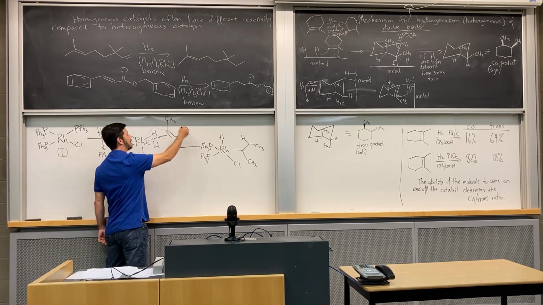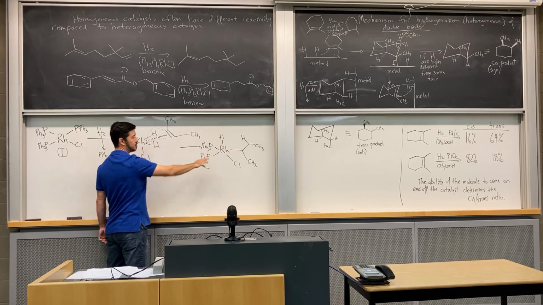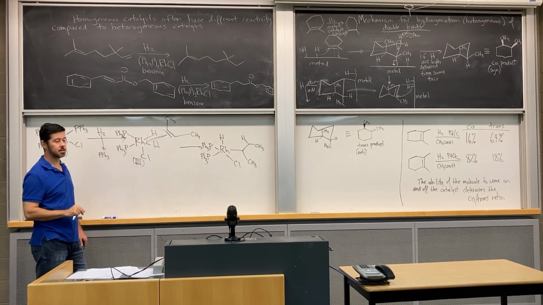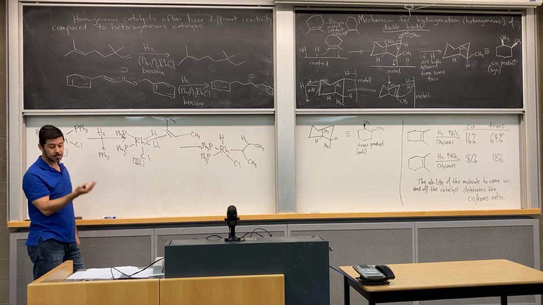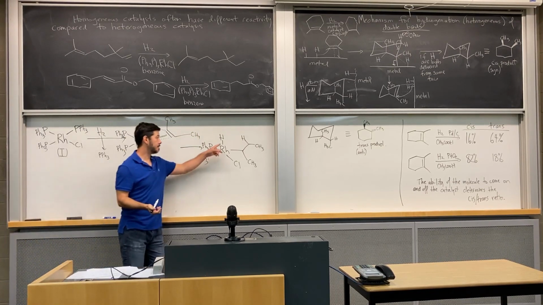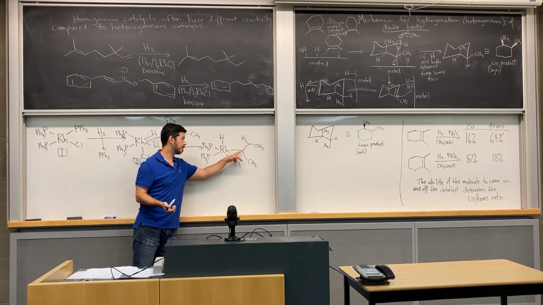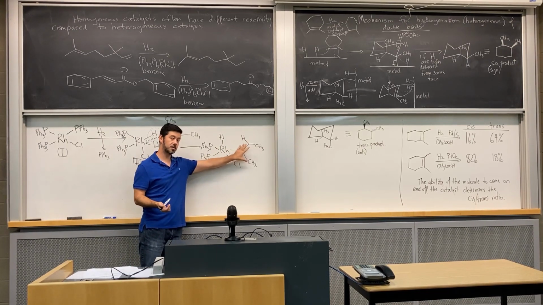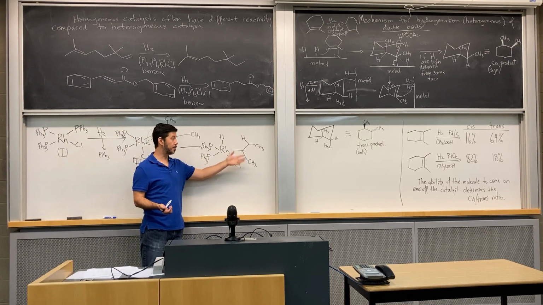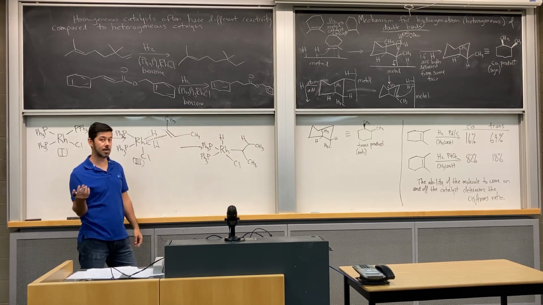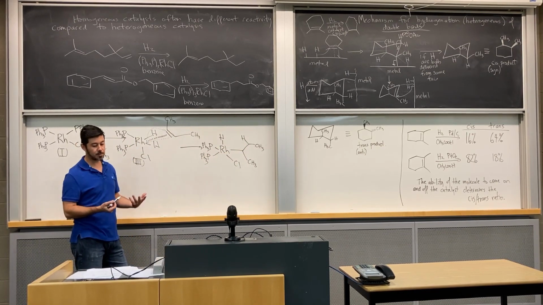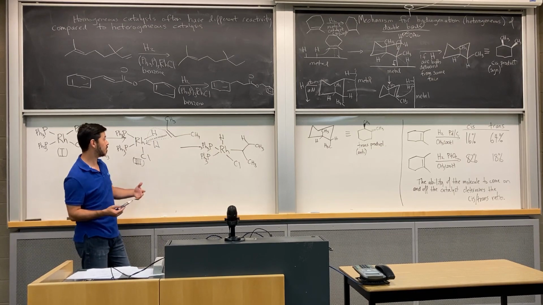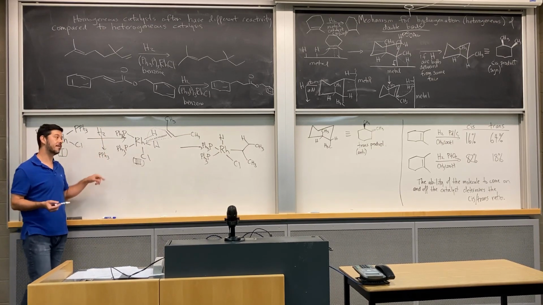I'll just put these methyl groups because I drew them in over there just to make sure that it's complete. And then essentially what happens next is we're going to get this hydride reacting here and then releasing that off. And then you can see we now have a new product that will not have a double bond, but will now be an alkane. Now this is where the triphenylphosphine comes into play, the one that got released off.